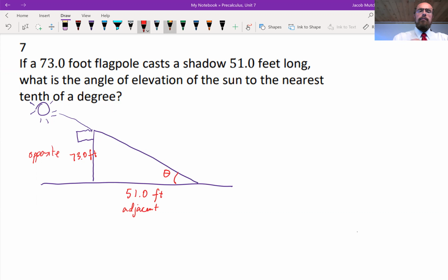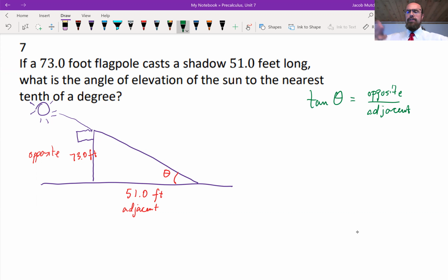There's a couple trig ratios that involve opposite and adjacent. It could be tangent, it could be cotangent, but tangent is going to be defined as opposite divided by adjacent. So we'll go with tangent. We could have used cotangent. Remember, cotangent's adjacent divided by opposite. Either one will work.